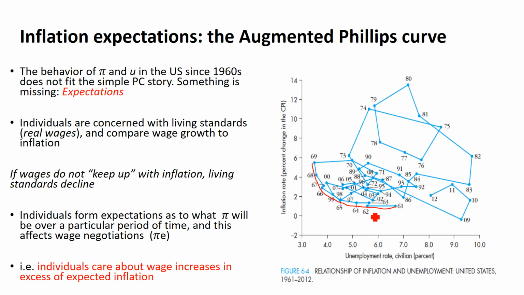You can pick up another Phillips curve if you look at 1976, 1977, 1978 and 1979. You can see one here if you look at data from the 1980s.